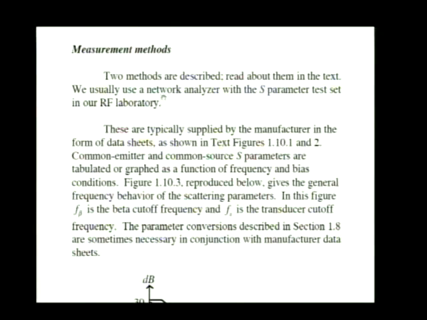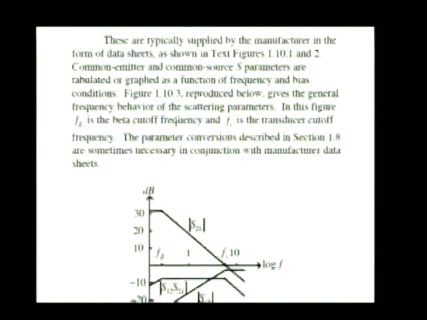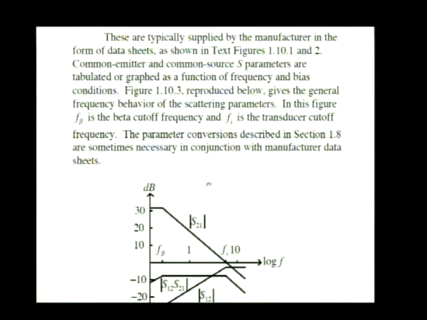In the microwaves and RF lab 4553, the network analyzer is one of the central pieces of equipment being used. In this class, we're going to assume that the measurement has been done for us.